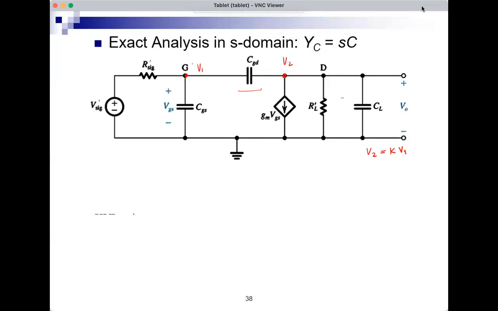I am not given K. I don't know K. If I had K, then I would have the gain, VO over VI. I have no idea what K is, and I'm not sure it's fixed. It may vary if I remove CGD and replace it with other things.